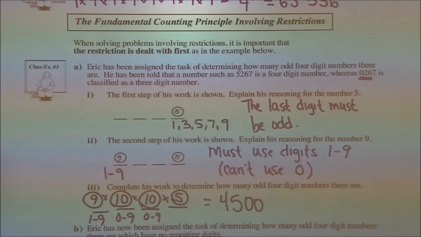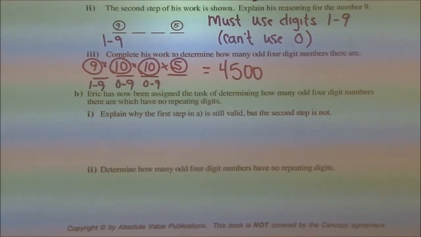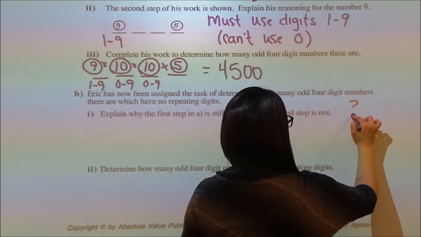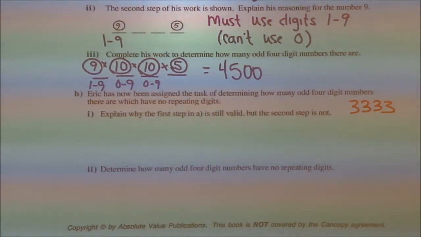In the second part, Eric's now determining how many different odd numbers in which there are no repeating digits. So he can't have 3, 3, 3, 3. He's only allowed to use the 3 once.